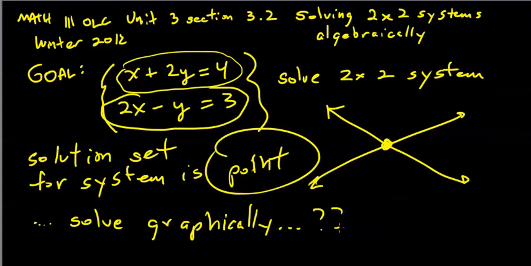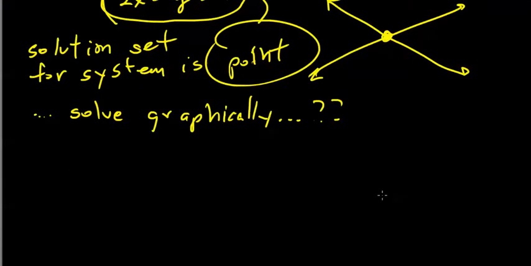But as you might guess, even with the most highly resolved graph paper, and even with the best hand techniques in graphing lines, you may not be able to identify a solution point very specifically. Graphs are sometimes a hit and miss kind of thing, especially if your solution coordinates turn into fractions. So let me write that down.